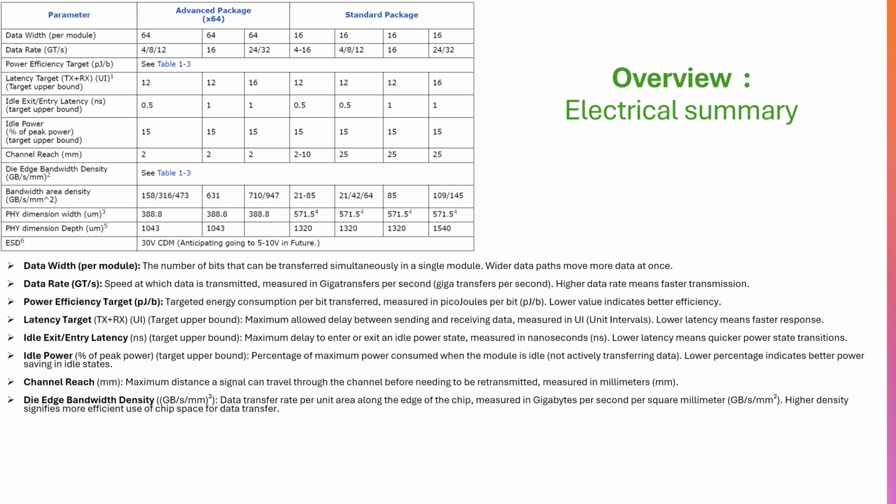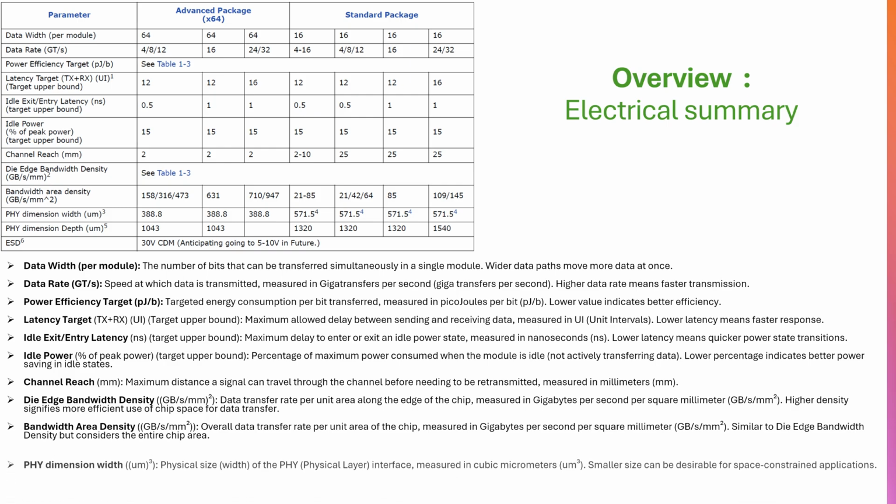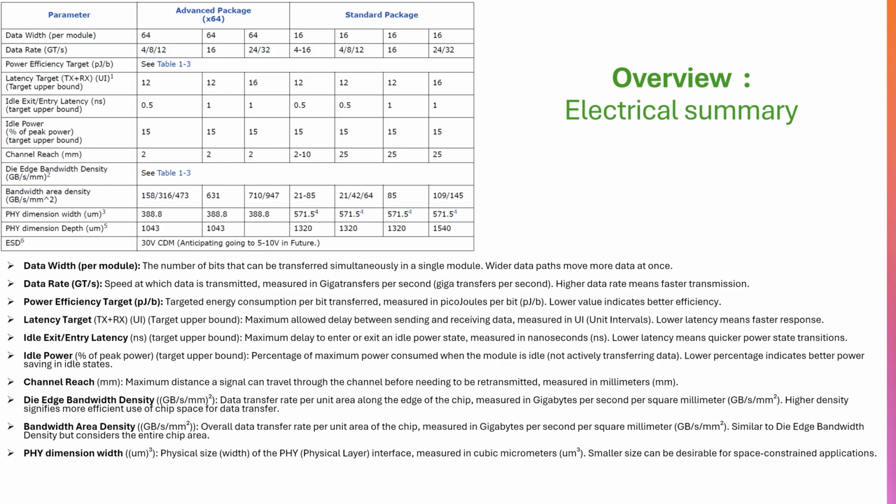Higher density signifies more efficient use of chip space for data transfer. Simply, data transfer rate per unit area. Then bandwidth area density is the overall data transfer rate per unit area of the chip, measured in gigabytes per second per square millimeter, similar to the die-edge bandwidth density but considering the entire chip area.